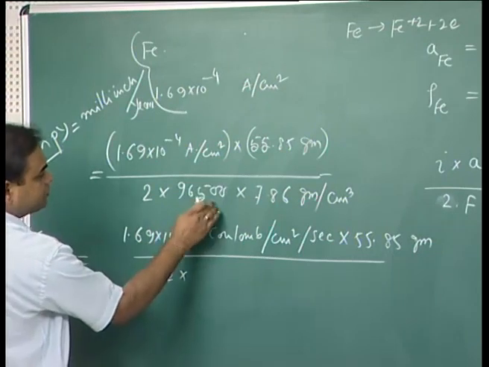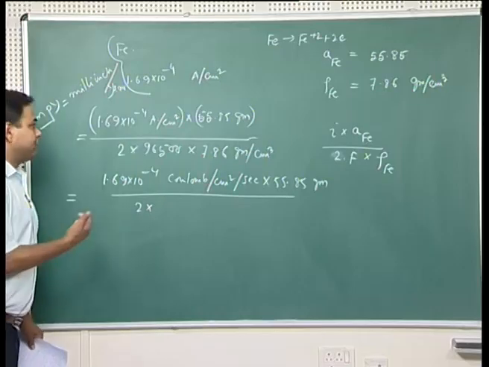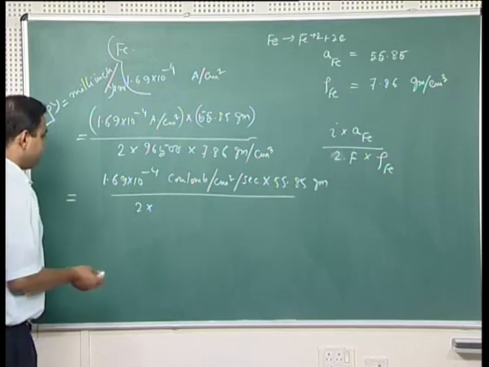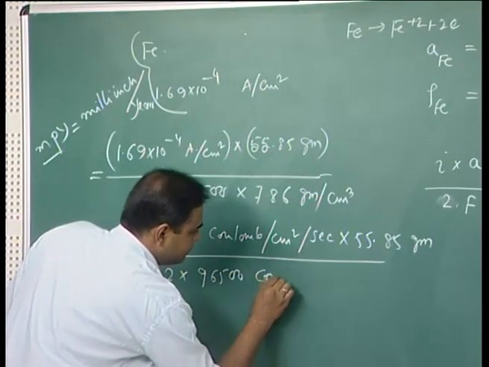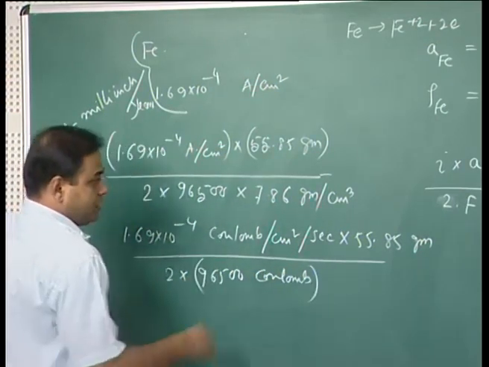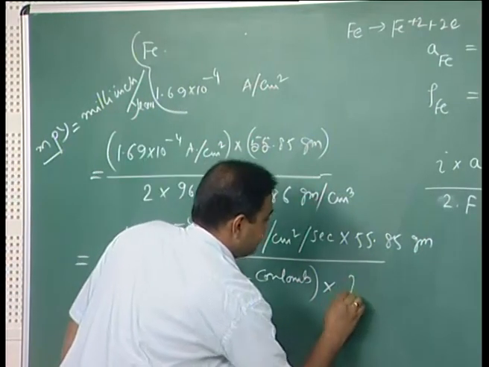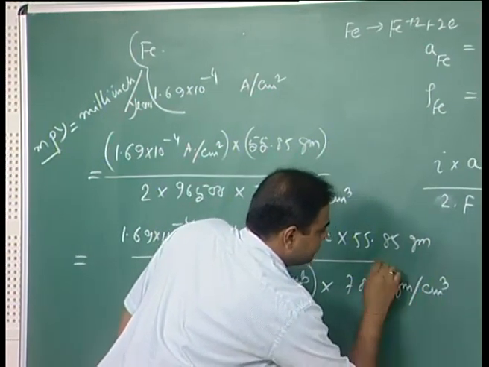This 96500 coulomb is basically the charge required to have a corrosion of 1 gram equivalent. Into 7.86 gram per centimeter cube.